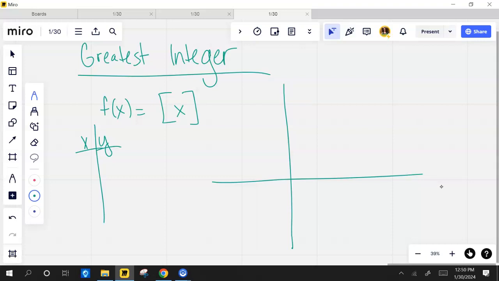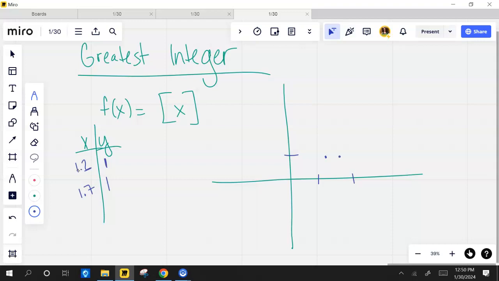So if I have 1.2, what's the closest integer below that? 1. So at 1.2, I'm at 1. If I'm at 1.7, it's still 1 because it's always rounding down.